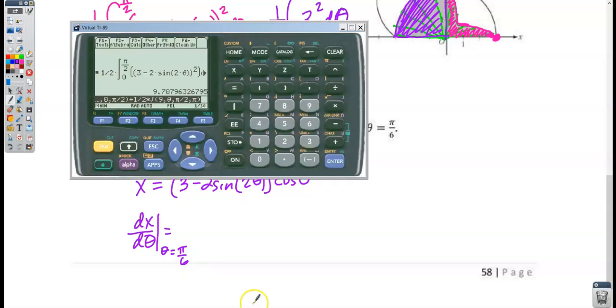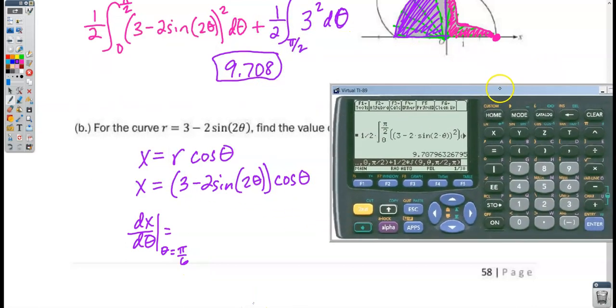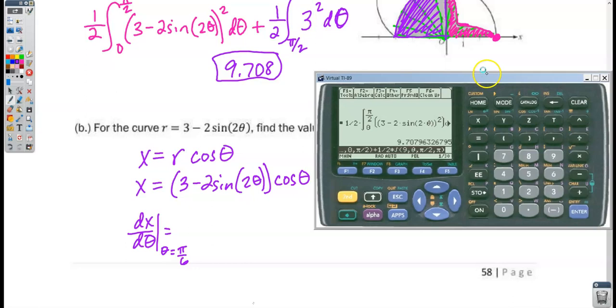Now, if I want to evaluate this at theta equals pi over 6, I can go ahead and do that using the numerical derivative on my calculator. I'm going to take the derivative of the quantity 3 minus 2 sine of 2 theta times cosine of theta with respect to theta at theta equals pi over 6.